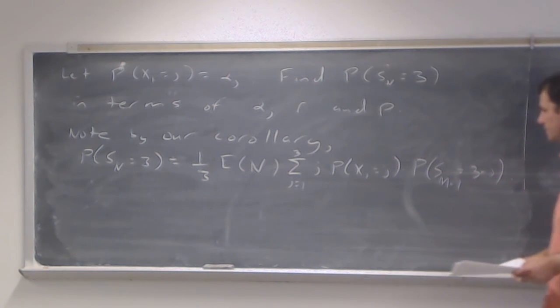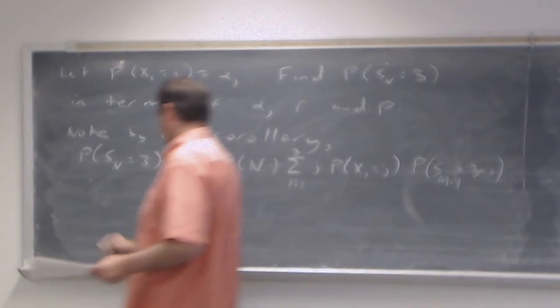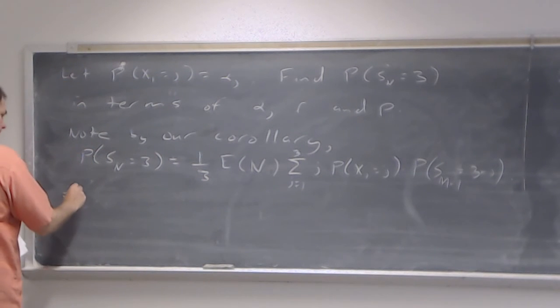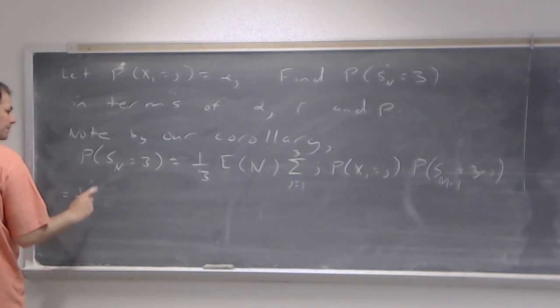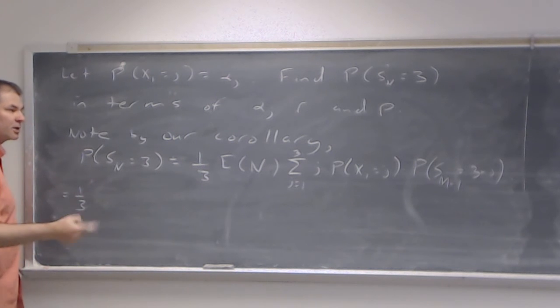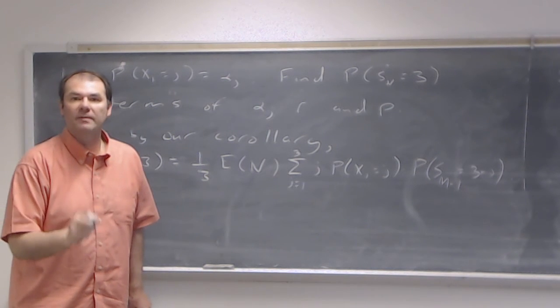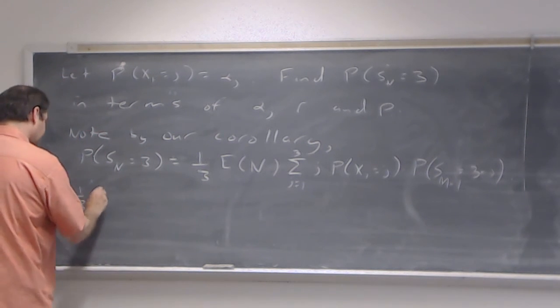That's what we have to do. So this is equal to 1/3. Now here, the expected value of N, and we knew N was binomial with parameters R and P, so this is R times P.